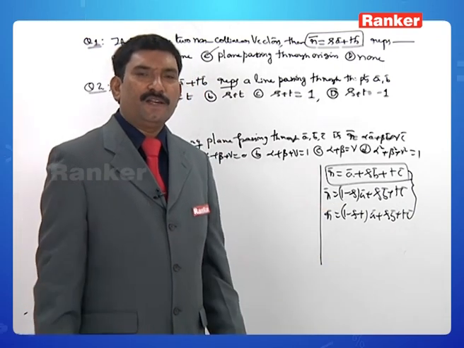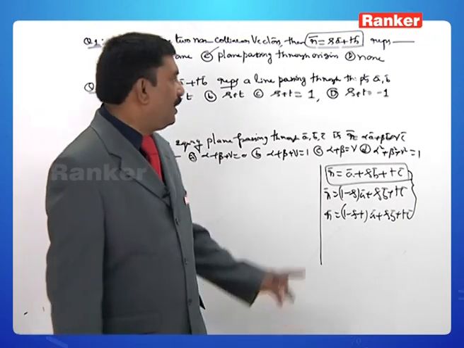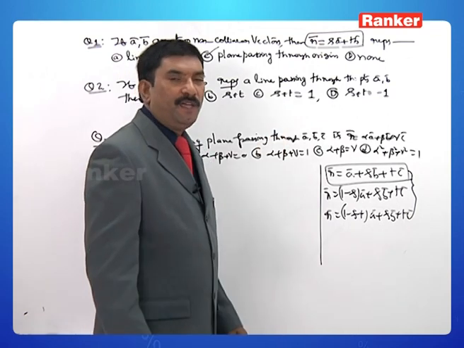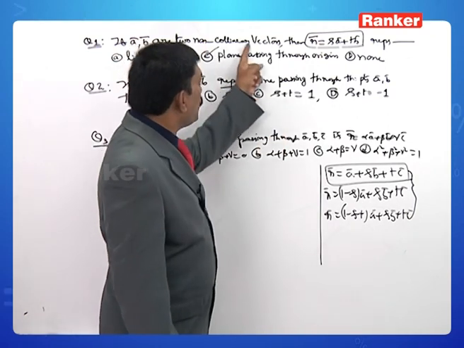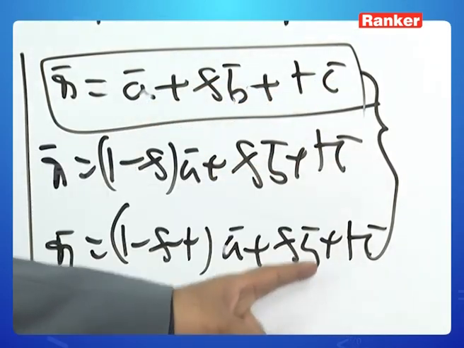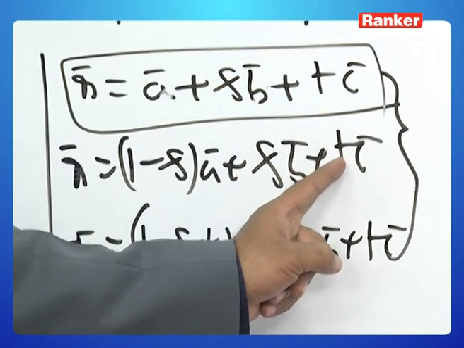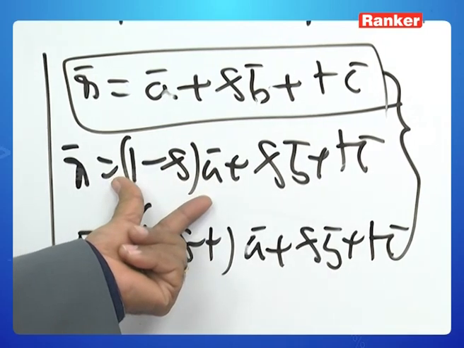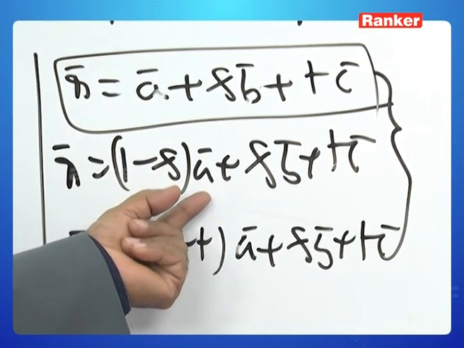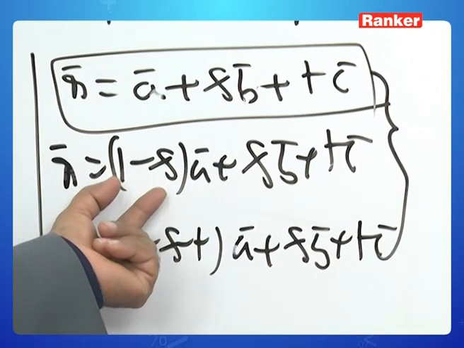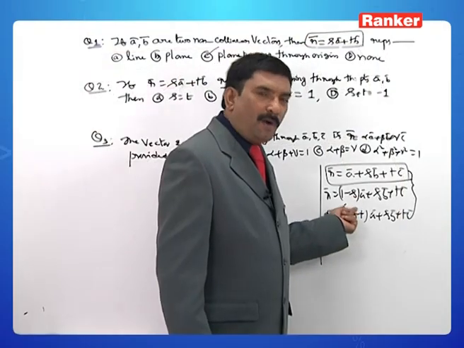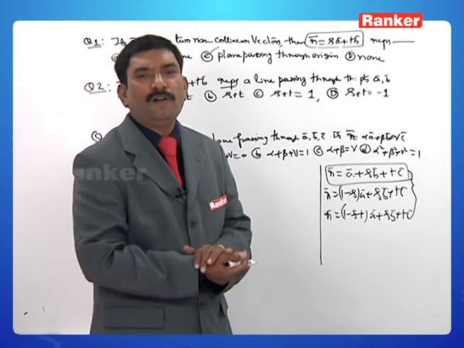It means that one vector can be expressed as a linear combination of the remaining vectors, since they are non-collinear vectors, just like b bar and c bar. These are the vectors. So if you take (1 minus s) a bar, in place of a bar is a point. This is a vector equation of a plane passing through the point a bar and parallel to two vectors. This point a bar is nothing but the origin.